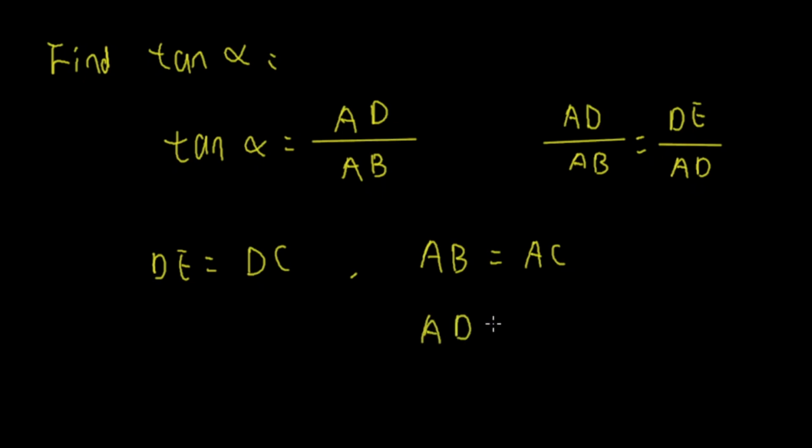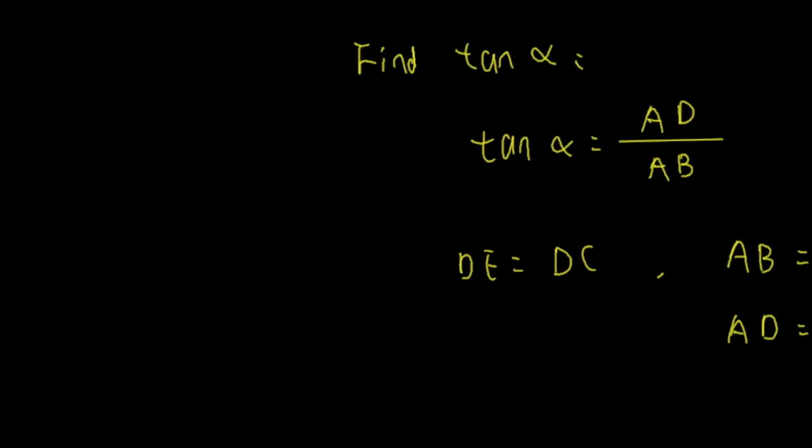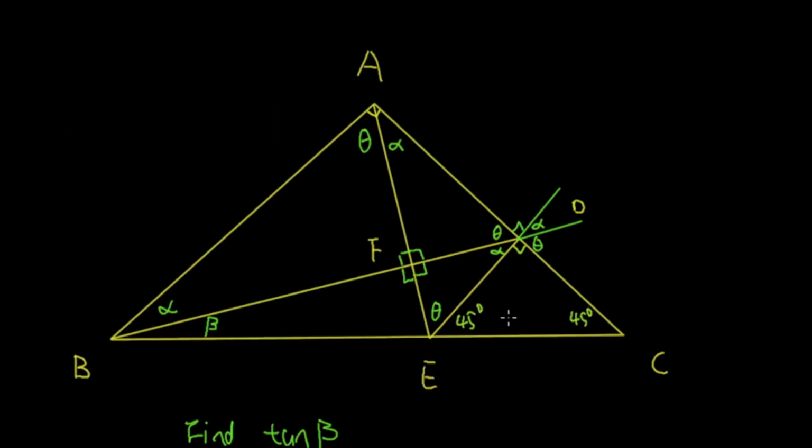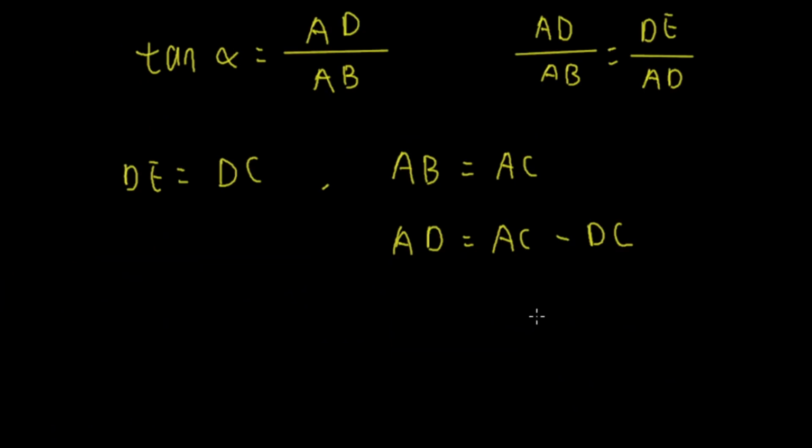Then AD is equal to AC minus DC. And of course, we can rewrite this: AC is equal to AB, and DC is equal to DE, so AD equals AB minus DE.